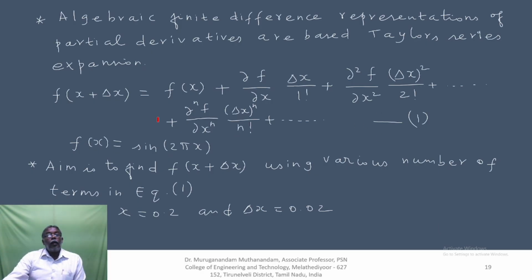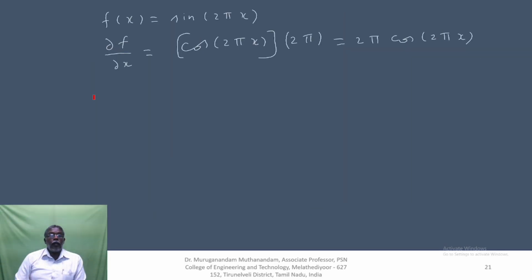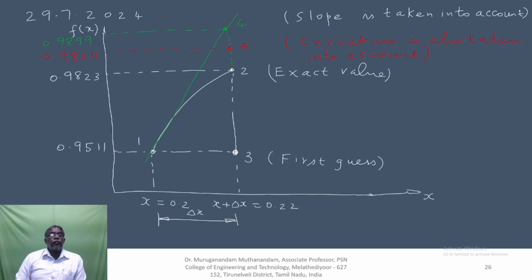Now we are going to find f of x minus delta x. Wherever we have plus delta x, we substitute minus delta x. Here it will become minus delta x by 1 factorial. Here it will become minus delta x whole square by 2 factorial. When we square a minus delta x, again it will be delta x square, and so on up to delta x power n, etc. So wherever we have delta x, we use minus delta x, then we obtain the rearward difference.